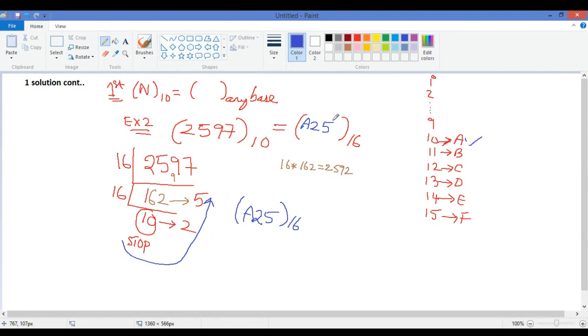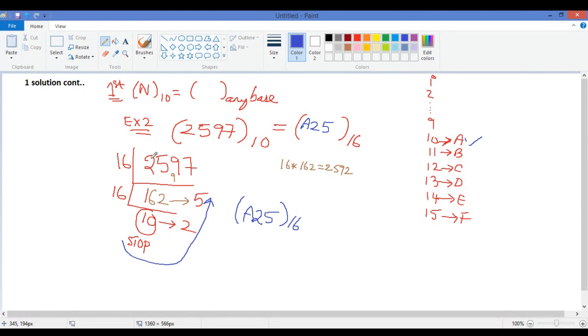Does anyone have any question? Do you understand this? Yeah, you just do it like this. Calculator: how to calculate this in the calculator? This is small mathematics.